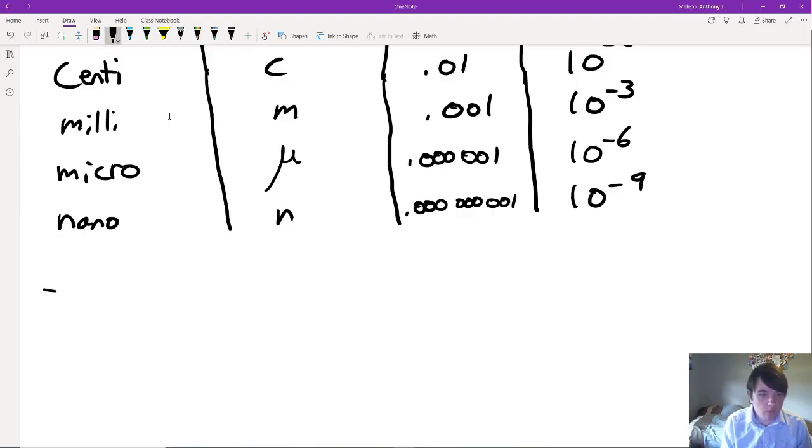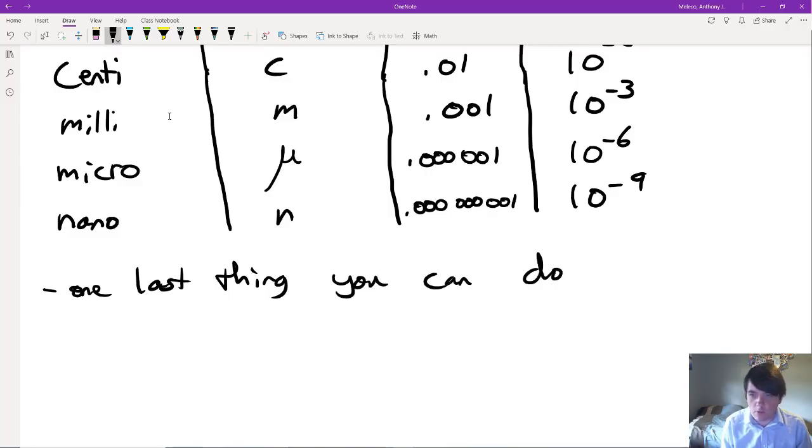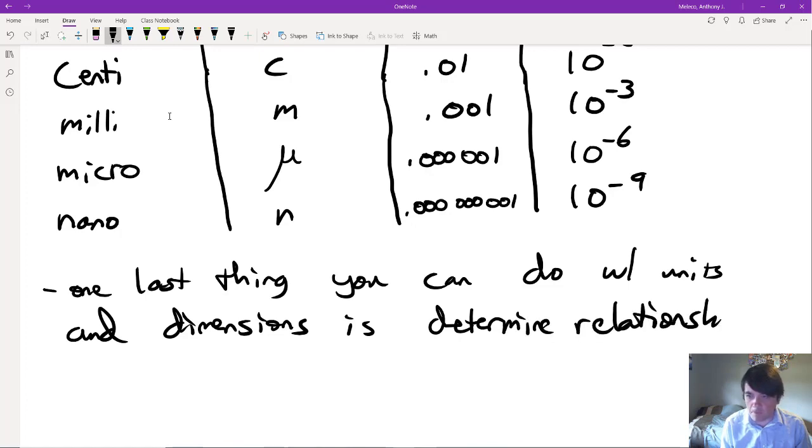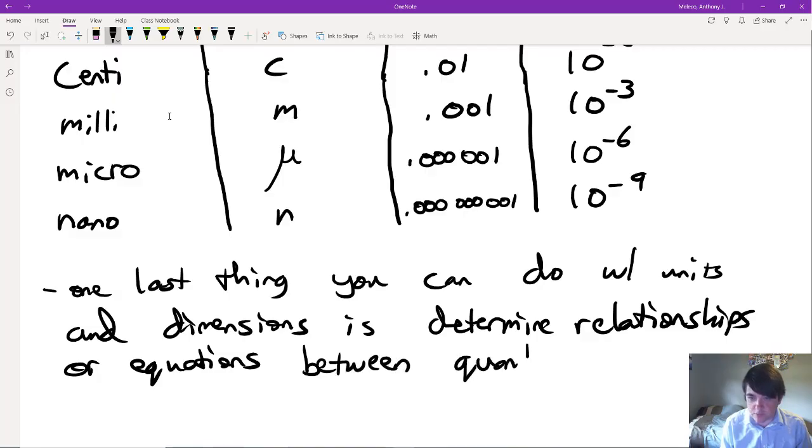Another thing, one last thing you can do with units and dimensions is determine relationships or equations between quantities.